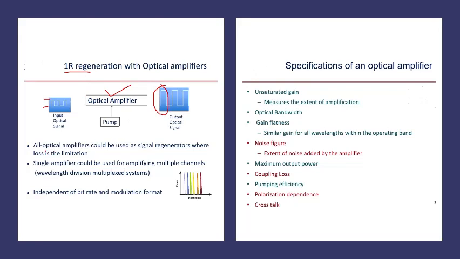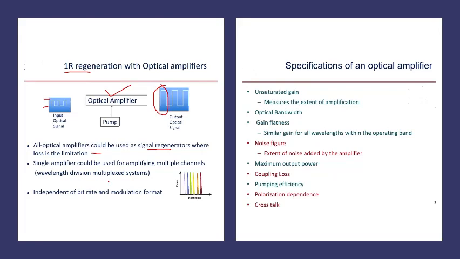If we see the advantages of an amplifier, an all-optical amplifier could be used as a signal regenerator, where loss is limited. It is used in different ways in a network. One is to regenerate the signal, to just amplify the signal. Whereas the other advantage is that a signal amplifier could be used for amplifying multiple channels.